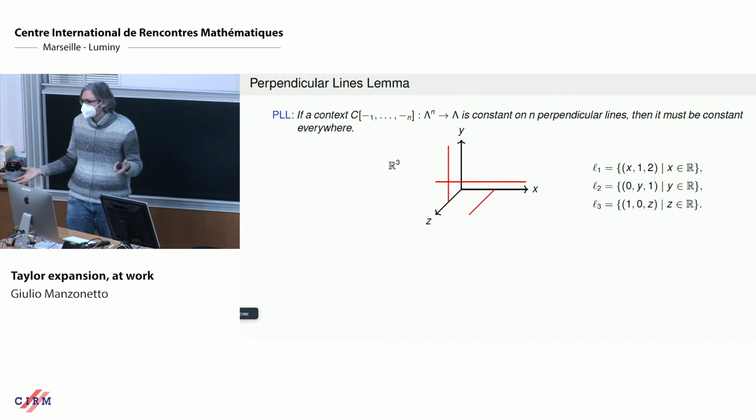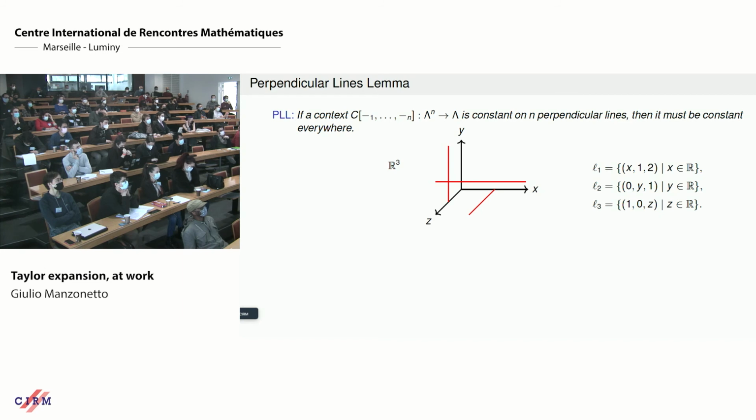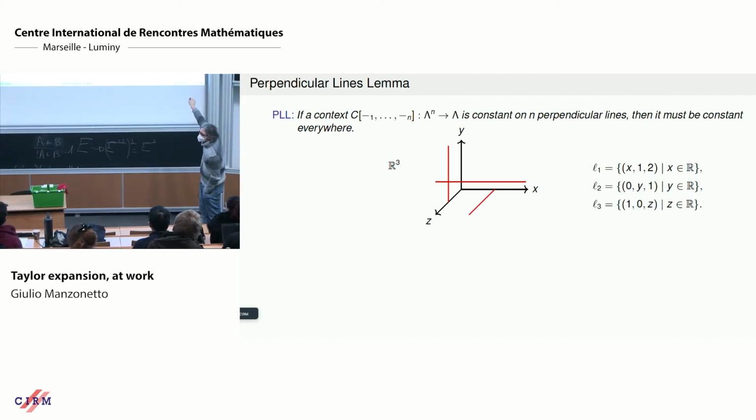So we do know what a line is in mathematics. For instance, in Euclidean space, you have these three lines that are perpendicular because basically only one component changes every time, and it is a different component each time.